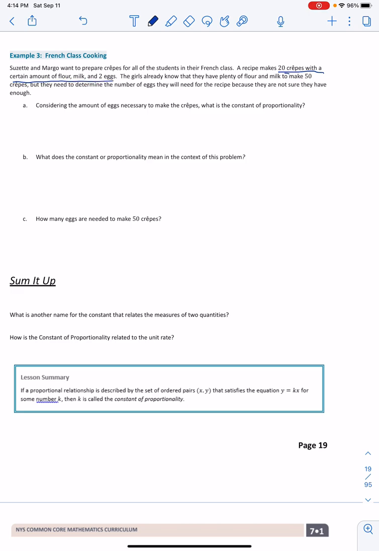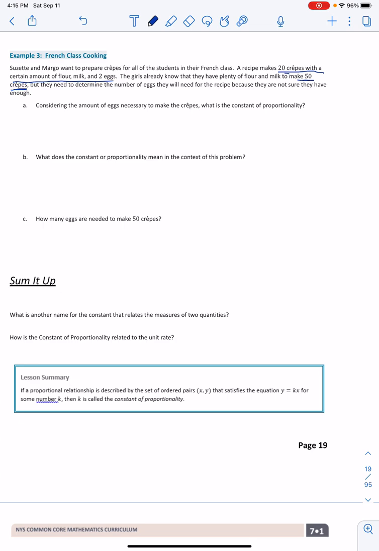The girls already know that they have plenty of flour and milk to make 50 crepes. But they need to determine the number of eggs they will need for the recipe because they were not sure they have enough.